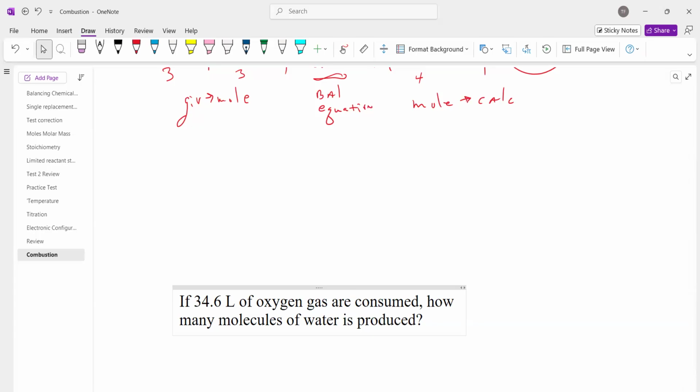How many molecules or how many atoms? Think Avogadro, 6.02 times 10 to the 23rd again. Now, in our class, whenever we mention gases, we're talking about at STP for the mole conversion.